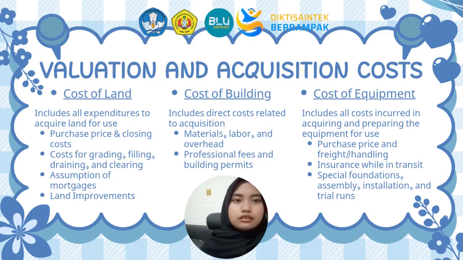The second overhead way is the constraint. It means if construction costs exceed what an independent producer would charge, the asset is recorded at the lower amount and the excess is recorded as a loss to avoid overvaluing the asset. The next material will be presented by my friend.